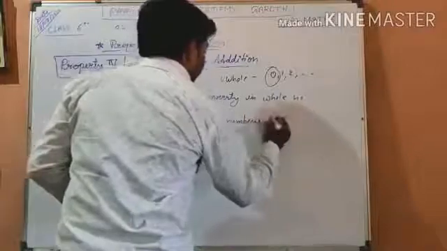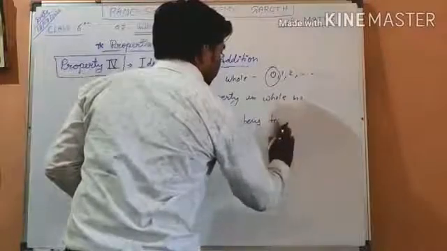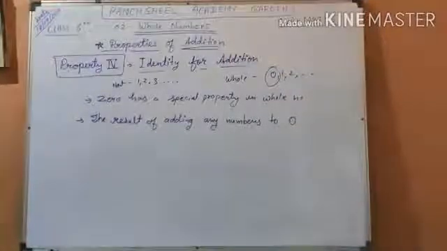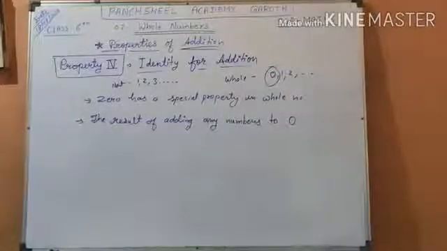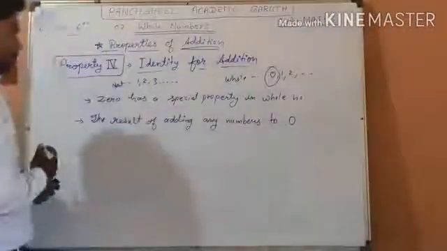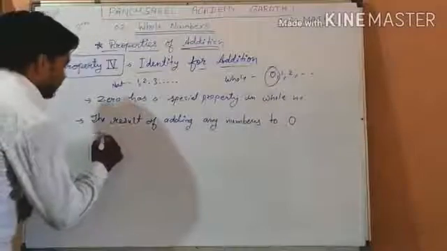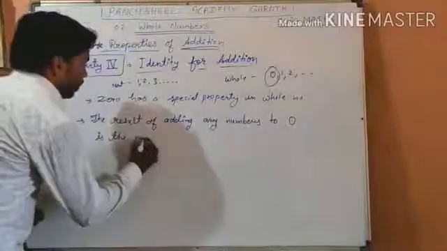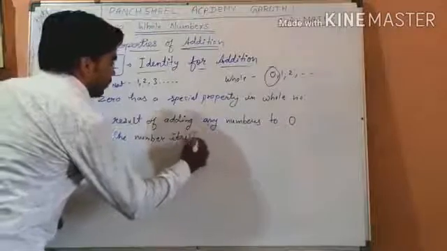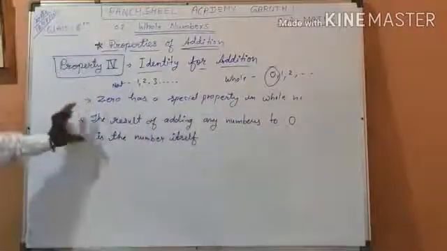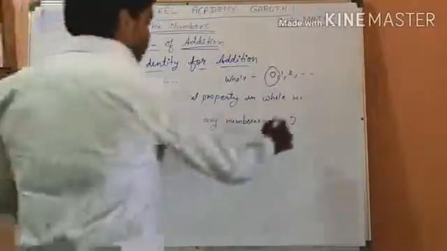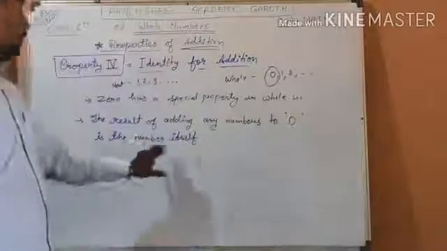The result of adding any number to 0 is the number itself. We have to understand this line: the result of adding any number to 0, 0 is a digit, is the number itself.